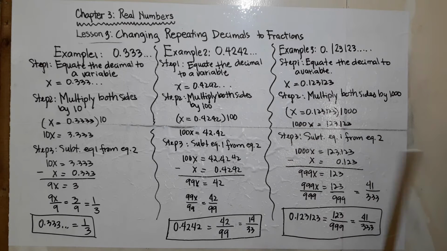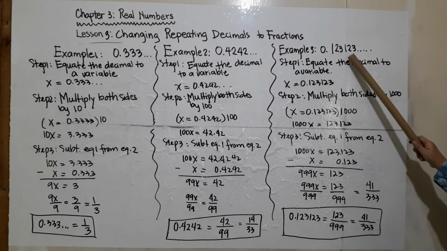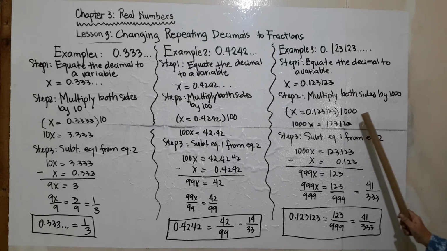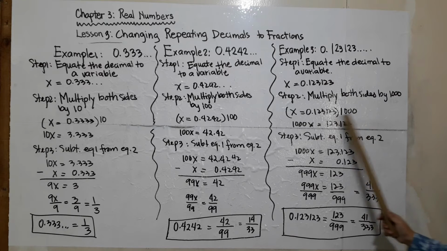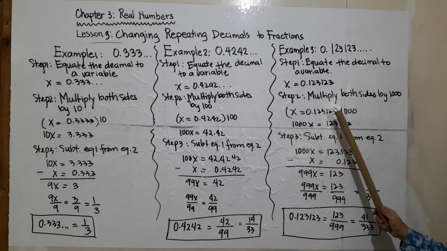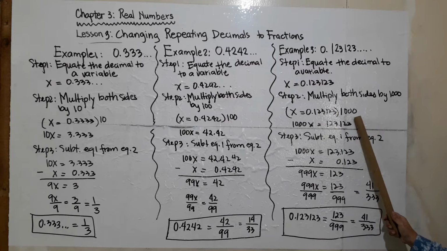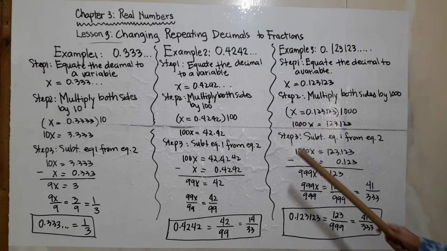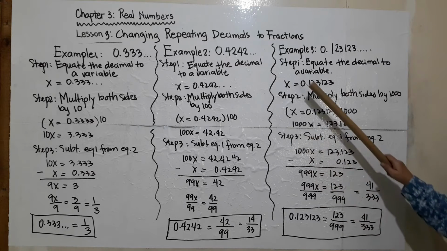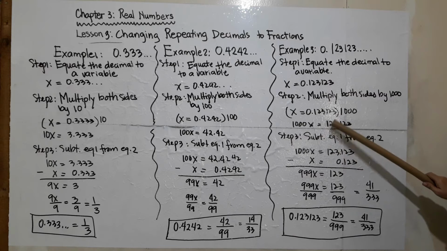Because there are 3 digits that keep on repeating, and 1,000 has 3 zeros, 3 decimal places. So 1,000 times x is 1,000x, and 0.123 times 1,000 is 123.123.